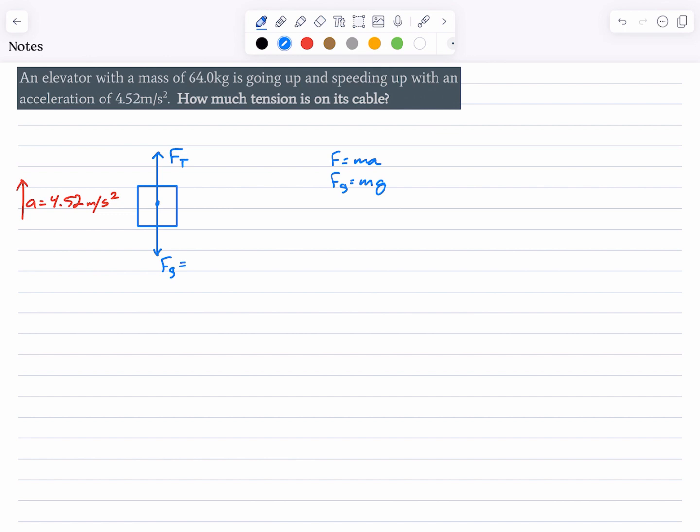So Fg is going to be equal to the mass of the elevator, 64, times 9.8. When I run that through a calculator, I get 627.2 newtons. So now I know both the mass and the weight of the elevator, which I'm going to need when I set up my equation.